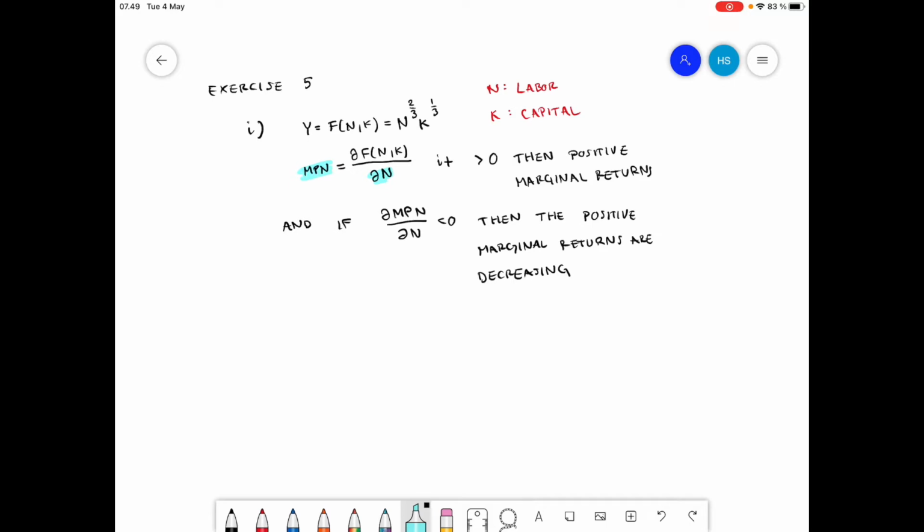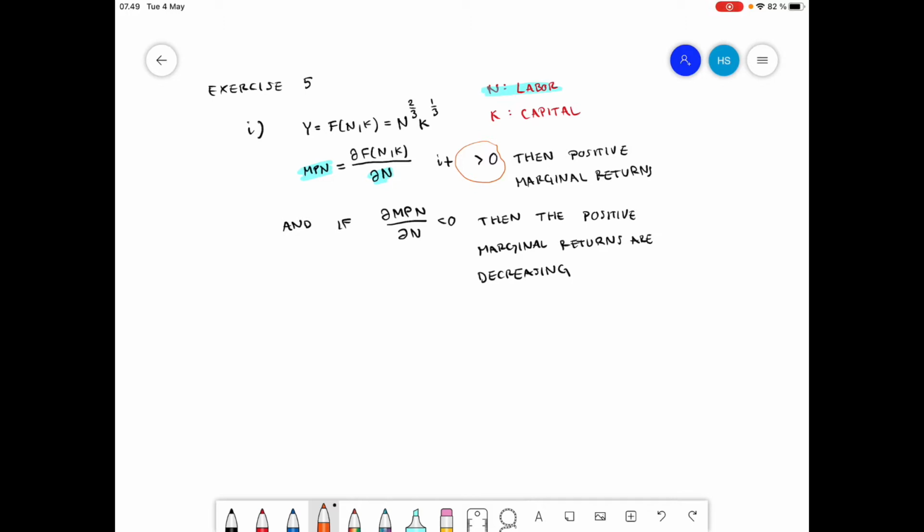When MPN, the marginal product of labor, where n represents the number of workers, is positive, it means that we have positive marginal returns. That means that if we add one extra worker to the production facility, production will increase. Why will production increase? Production will increase because of the first order condition being positive.